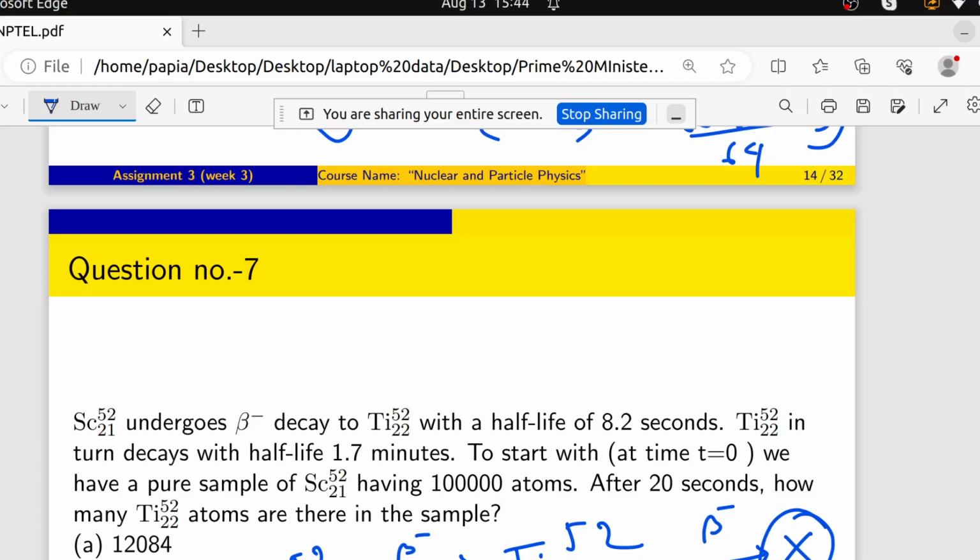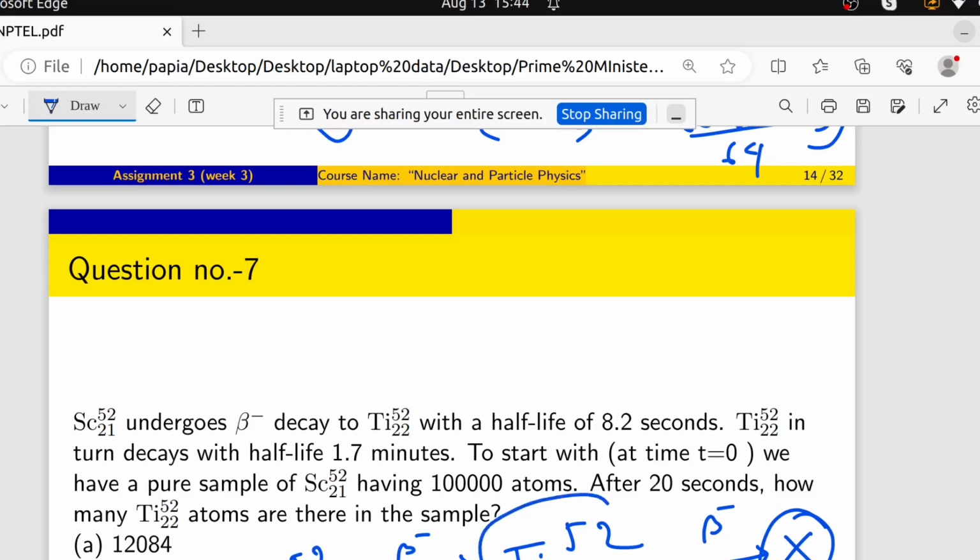And now what is the question? To start with, at the very first, we have a pure sample of scandium with 1 lakh atoms, and after 20 seconds, let's say t equals 20 seconds, at that time how many titanium atoms are there in the sample?